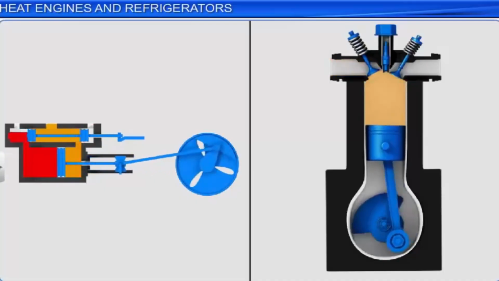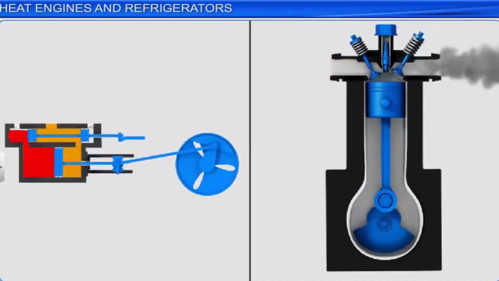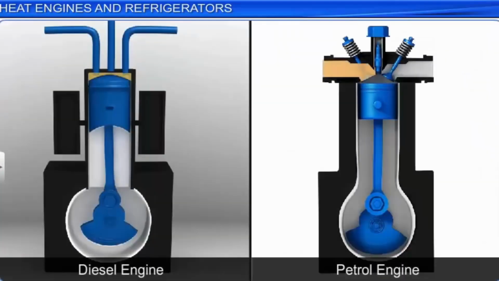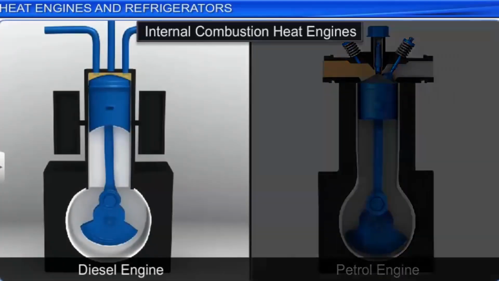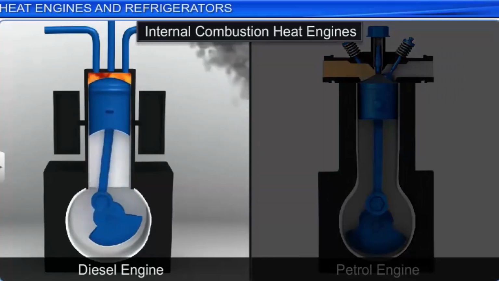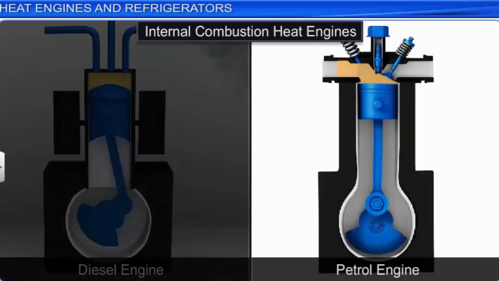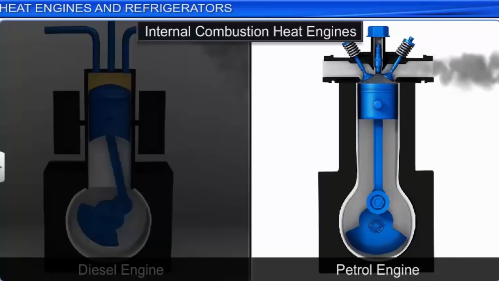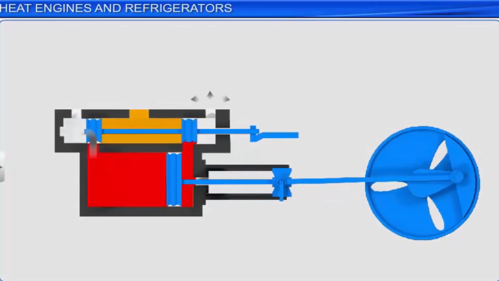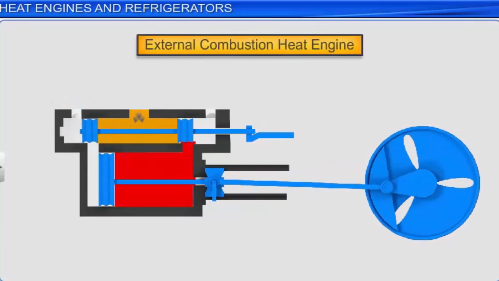There are two different types of heat engines. One type is the internal combustion heat engine. Diesel and petrol engines are examples of internal combustion engines, and the other type is the external combustion heat engine.